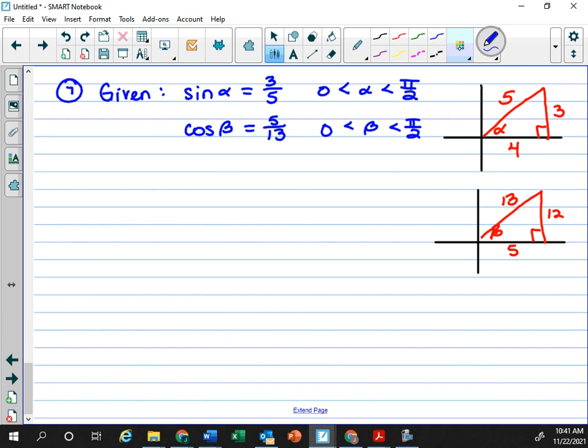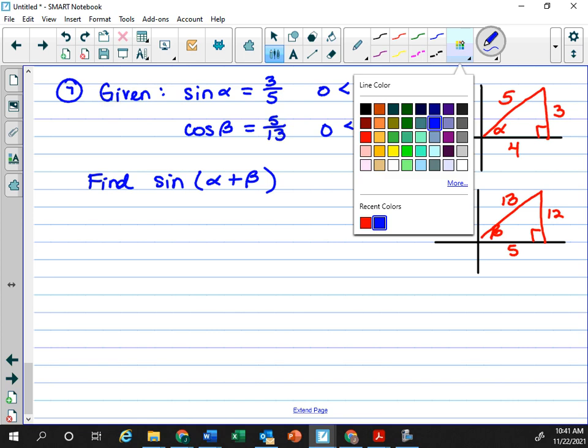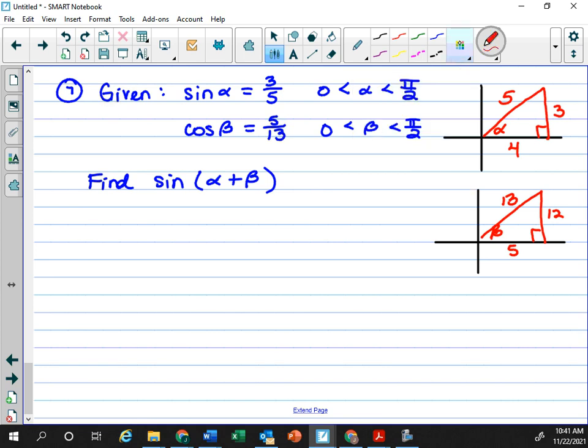Okay. All right, let me write the rest of the problem now that we've established that. You have to find the sine of alpha plus beta. Okay, so formula for sine of something plus something.